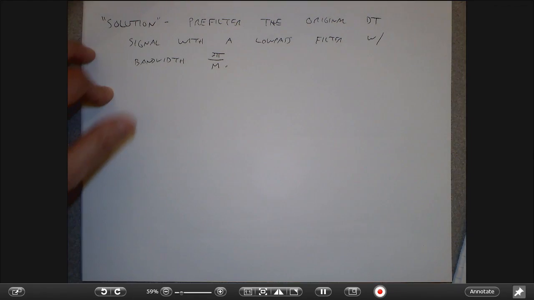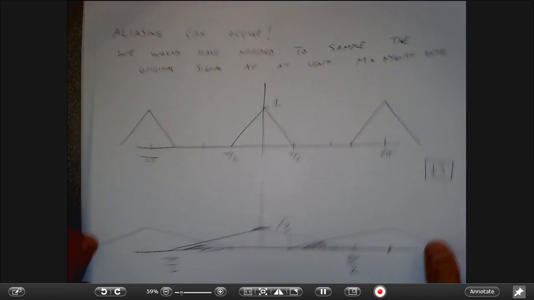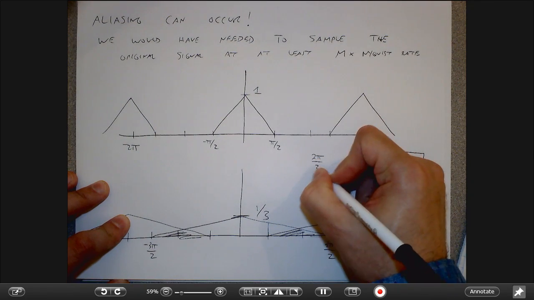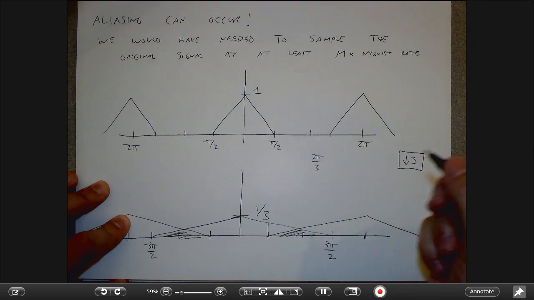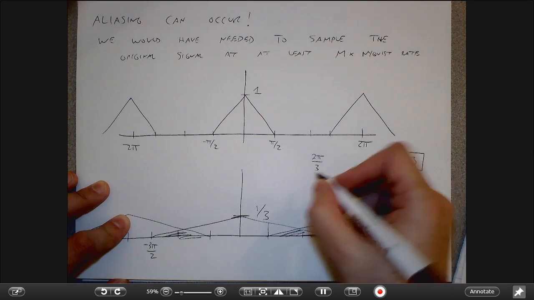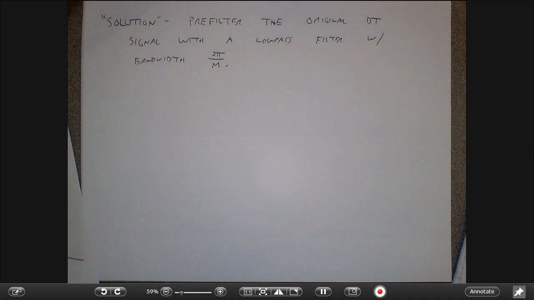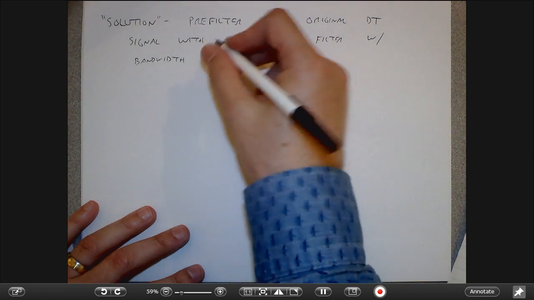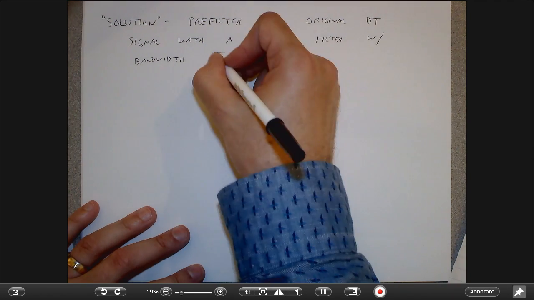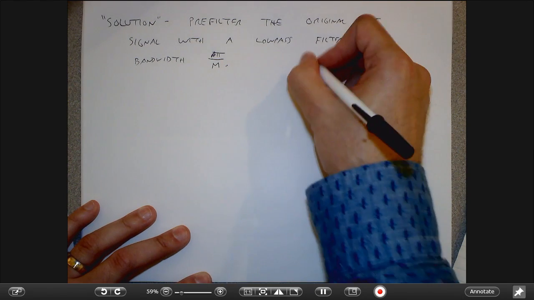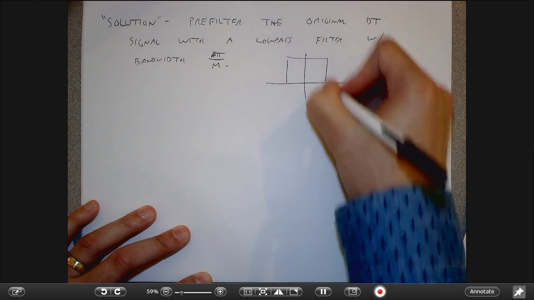Right? Why is that? Well, what would happen in this case? That would be like saying, okay, 2 pi over 3. So again, let me think about this for a second. When I say bandwidth, what I mean is a signal that looks like this.